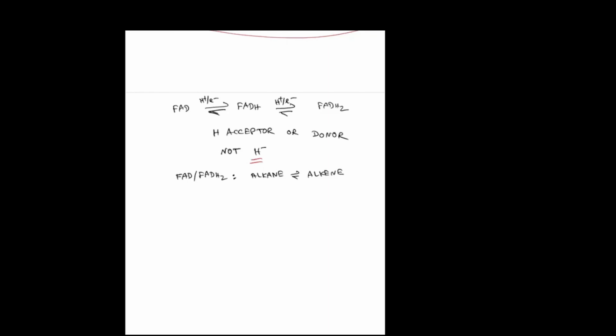Going from alkane to alkene this way we need FAD, and if you go the other way, we need FADH2. Still a 2-electron process, but the type of reaction we're doing here is not alcohol to carbonyl. Rather, it is alkane to alkene and vice versa. So this is another thing you have to put in your memory: the difference in reaction type between the NAD plus NADH couple and the FAD, FADH2 couple.